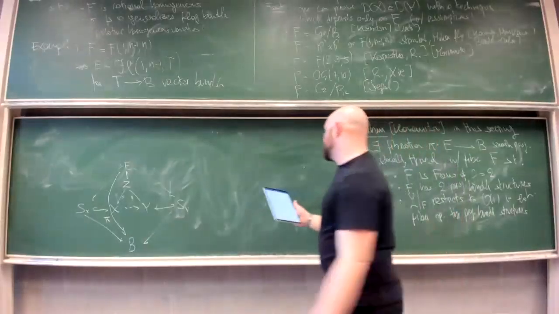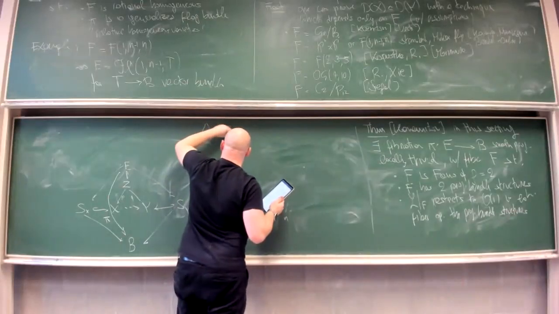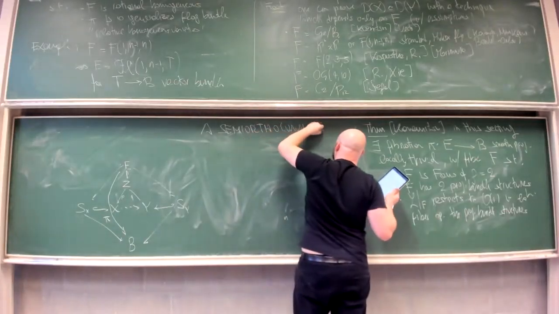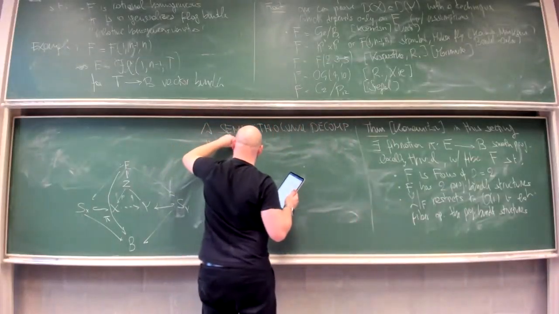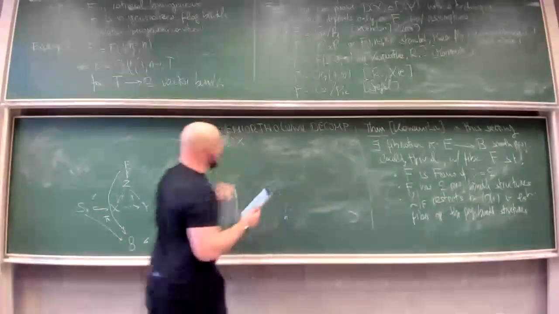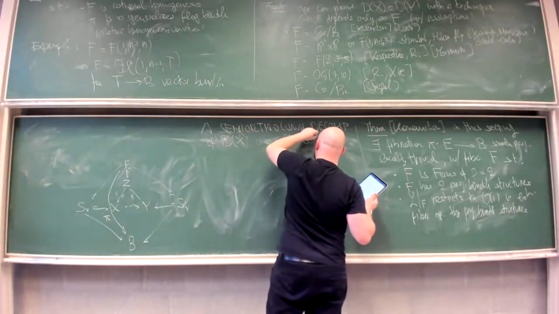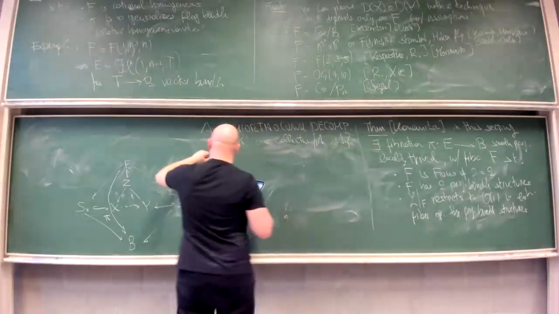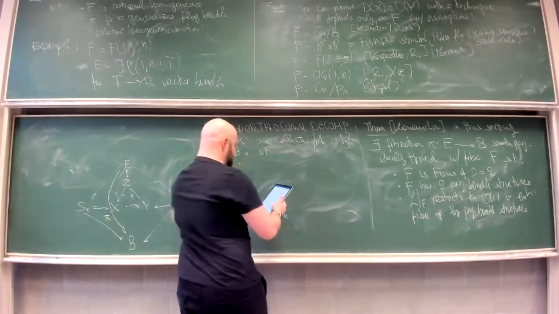So what we need here is a theorem by Orlov. So first of all, I have to say something like this. A semi-orthogonal decomposition of, let's say, the derived category of a variety X is a collection of subcategories, let's say A1 up to AN, such that you have two conditions.